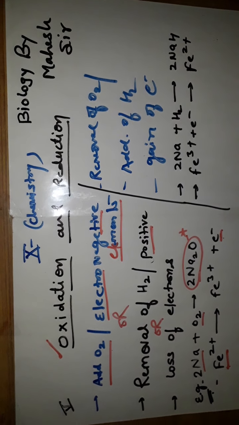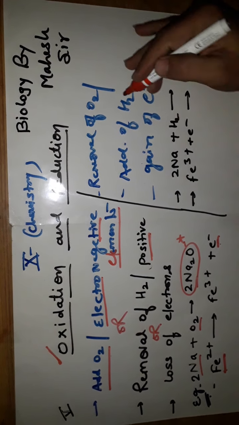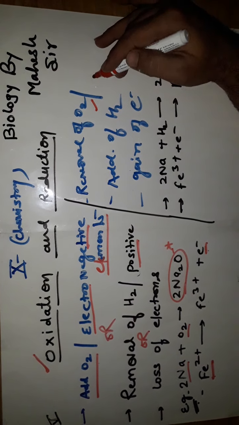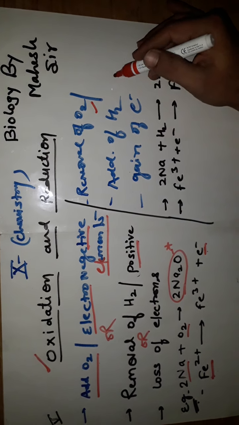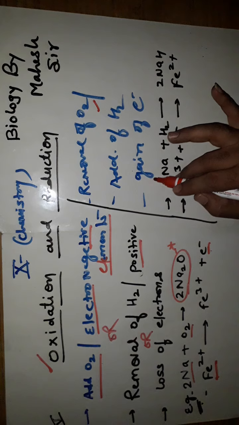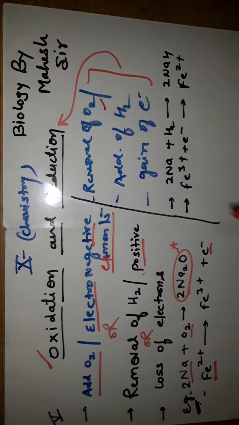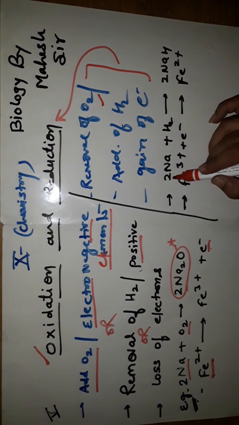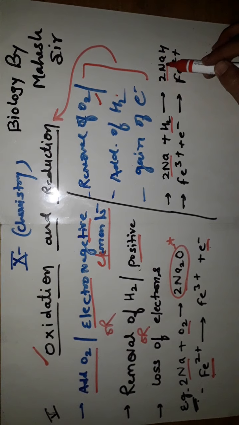So here are the three definitions of reduction: the type of chemical reaction in which either oxygen or any electronegative elements are removed, or hydrogen or any electropositive elements are added, and third, gain of electron, that time it is called a reduction reaction. An example of reduction reaction: sodium plus H2, that time H is added, giving NaH.